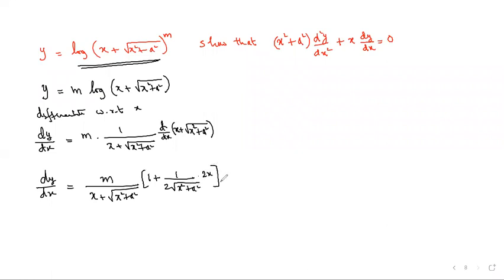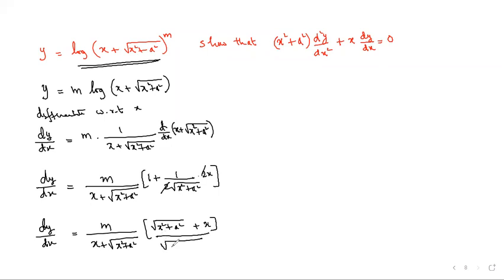A square derivative will be 0. So dy by dx will be m upon x plus root x square plus a square. When you take LCM, root of x square plus a square plus x divided by root of x square plus a square.